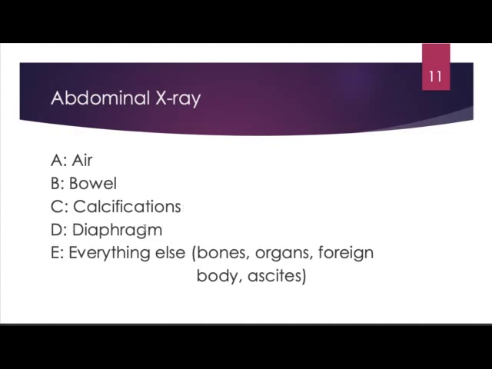D diaphragm، أشيك إذا في مشكلة في الدايفرام بشكل عام. و E everything else. راح نطلع على bones، ممكن الريبس، على organs بشكل عام، شيك إذا فيها foreign body، أو ممكن نبين إذا في ascites، يعني في سوائل بزيادة في الأبدومن.